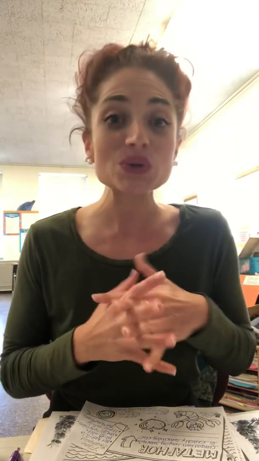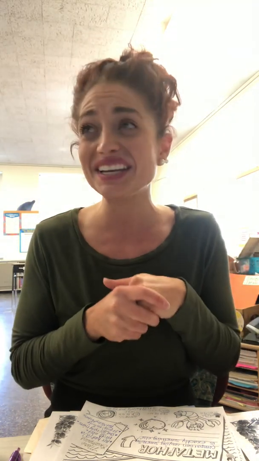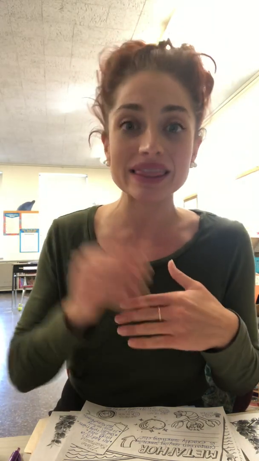Next, another student said, his desk is like a pigsty. So they're comparing the not very clean nature of someone's desk with a pigsty. And this time they use the word like. His desk is like a pigsty.